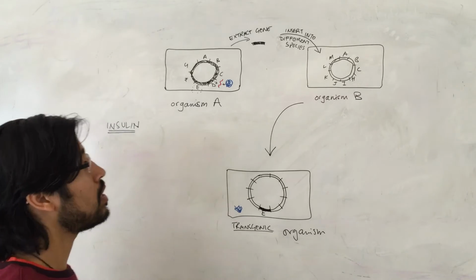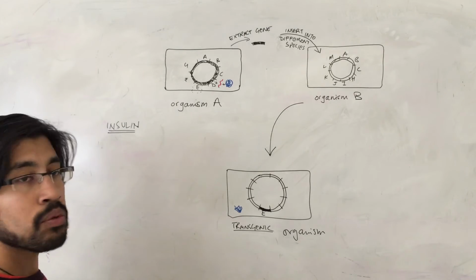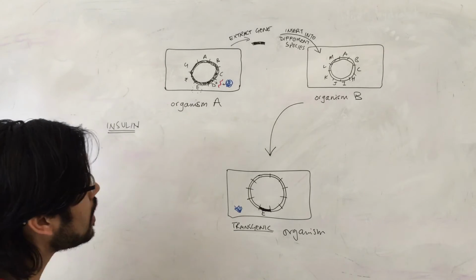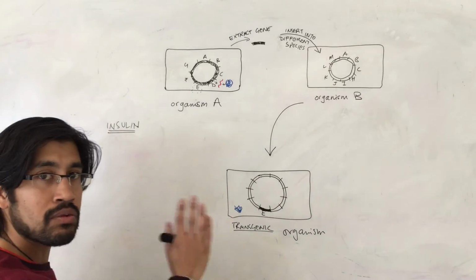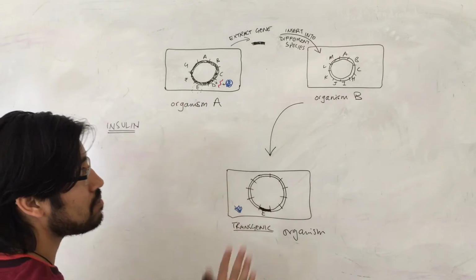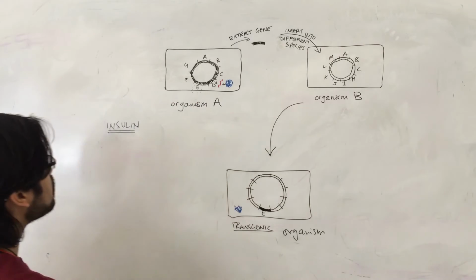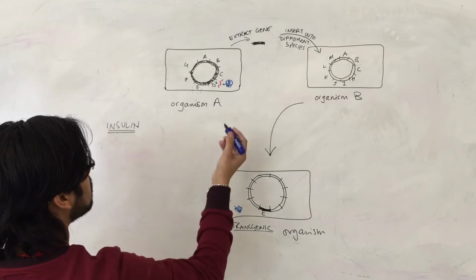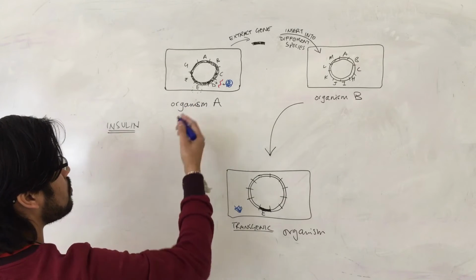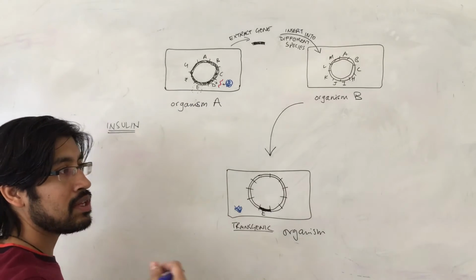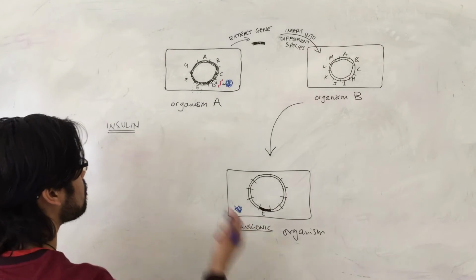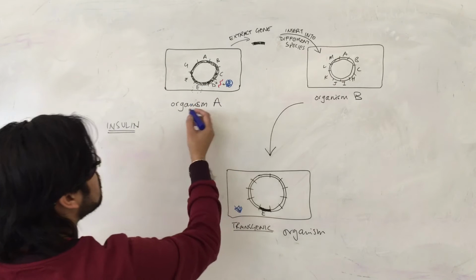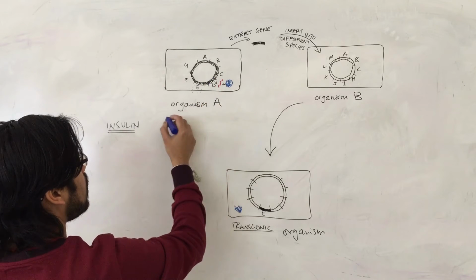That will have its own benefits, but I'm concerned with the mechanism of how this is working. So in terms of insulin, organism A would be, for example, a human, right? Because we want human insulin because it is to treat a human disorder.